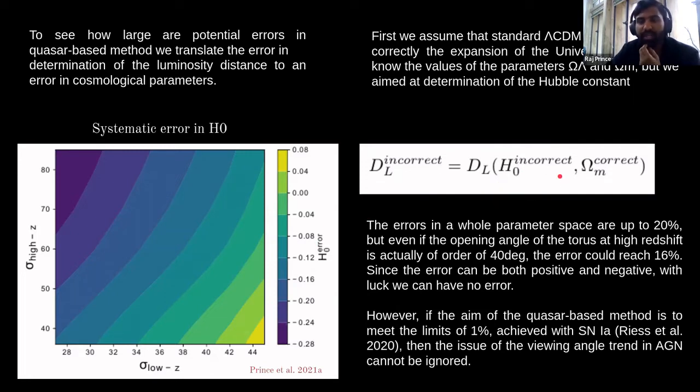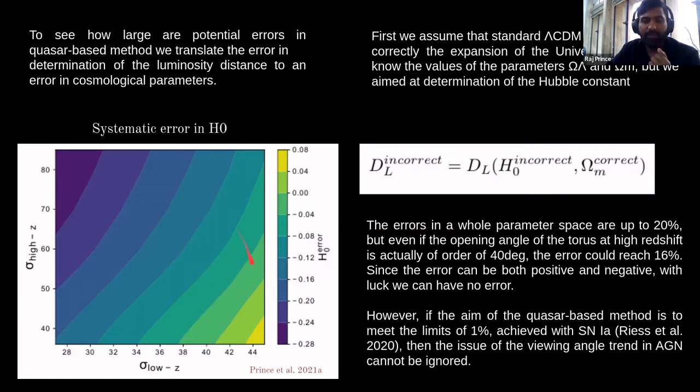So if we assume that at the lower redshift we know the structure of the source, and we know the cosmology, an external lambda CDM model, then by using that Omega m and the luminosity distance at lower redshift, how much error can we make in the luminosity distance at higher redshift and in H naught also? Here I show it in the plot.